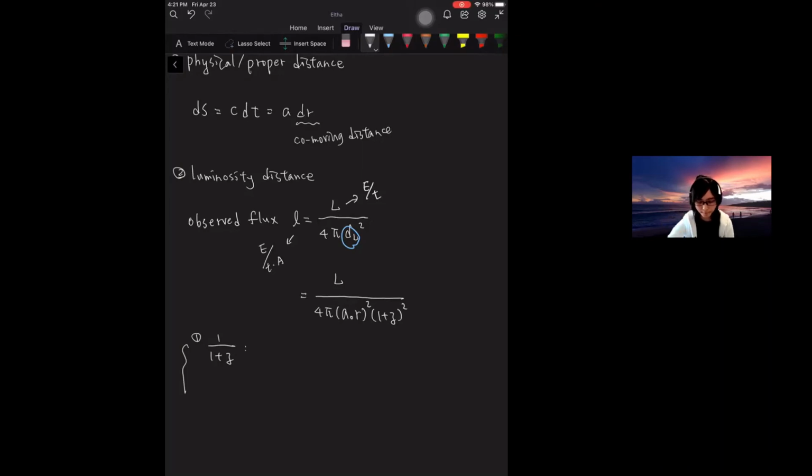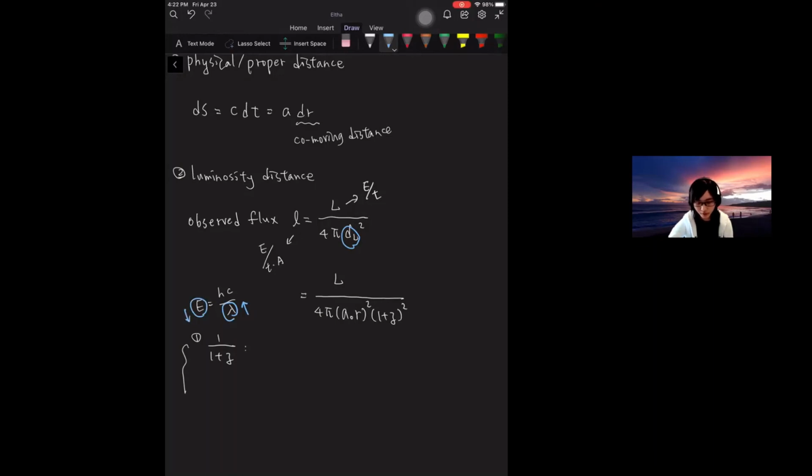So we know the energy of a photon is h nu, or hc over lambda. Because of cosmic expansion, lambda is getting longer and longer, the wavelength becomes longer. And if the wavelength becomes longer, the energy of the photon will be reduced, right?